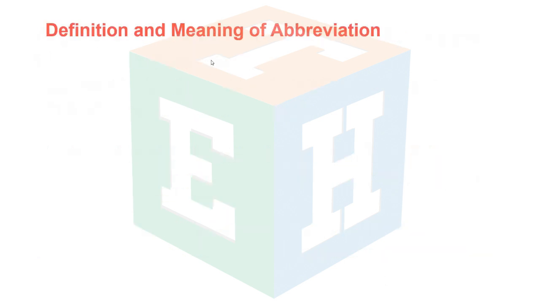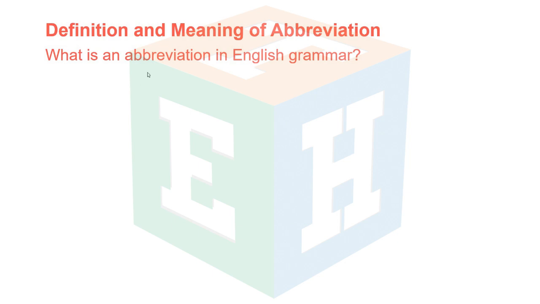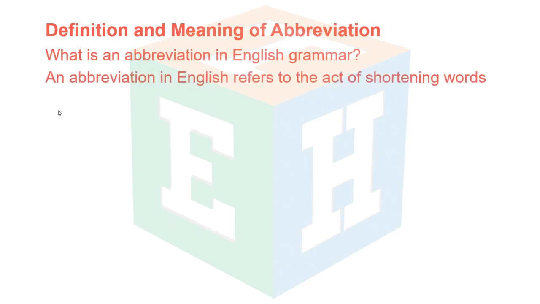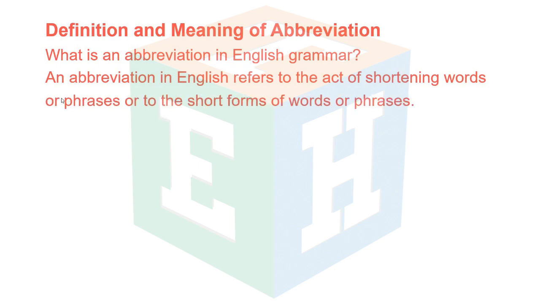Definition and meaning of abbreviation. What is an abbreviation in English grammar? An abbreviation in English refers to the act of shortening words or phrases or to the short forms of words or phrases.